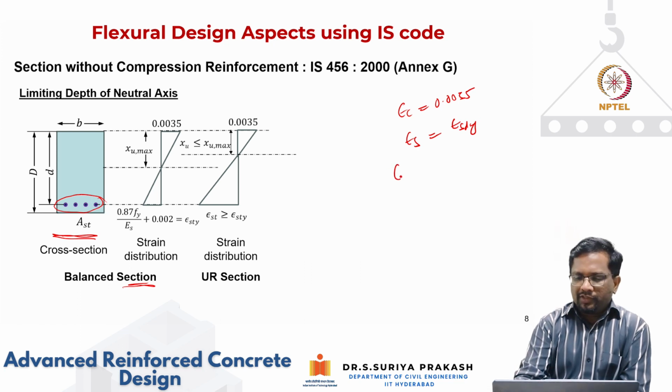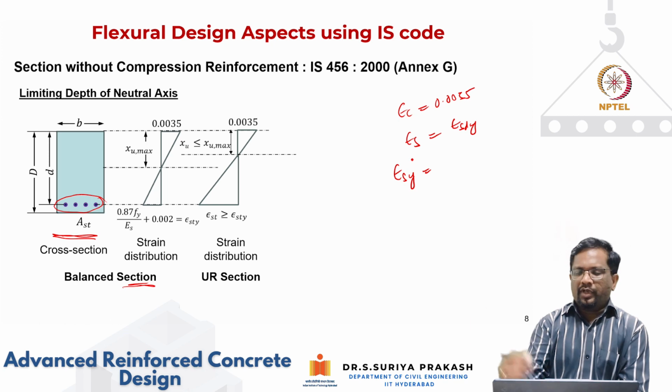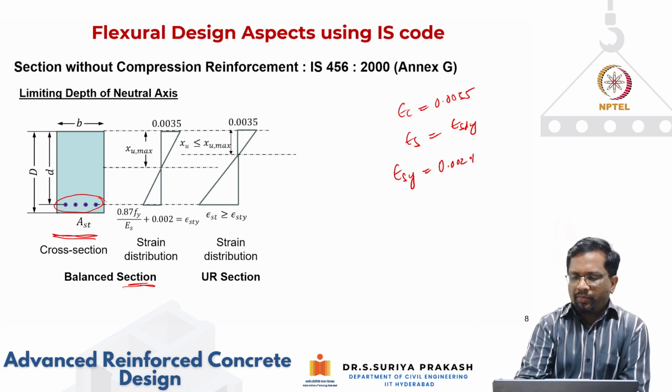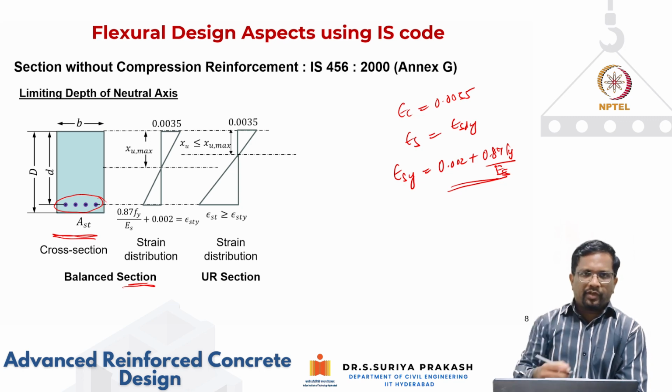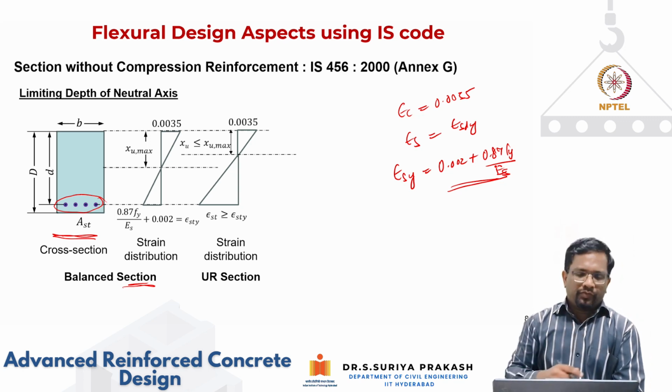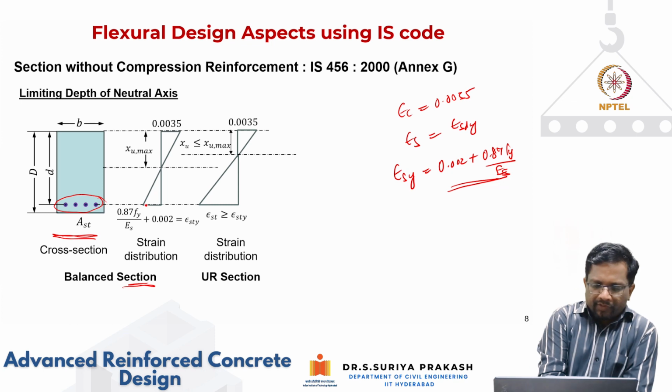Now what is the design yield strain for IS 456? We have seen that for any grade of steel, it is going to be 0.002 plus 0.87 Fy by Es. So for Fe 500, we calculated that to be 0.00407.